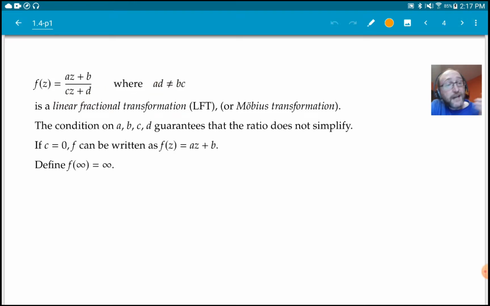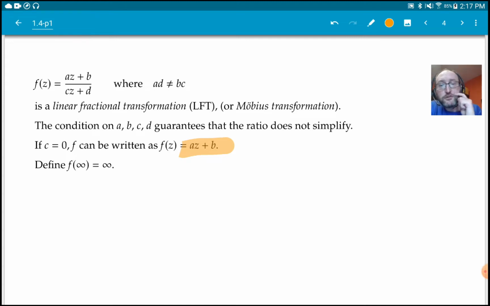All right, so now if C itself is 0, then as we said, D is not 0, so without loss of generality we could just make it 1, because we can simplify. And then really F is just the affine map az plus b.